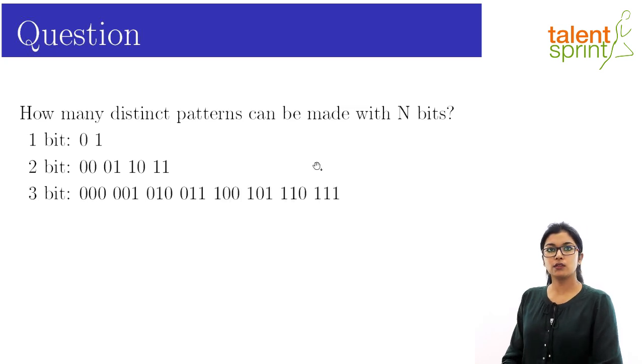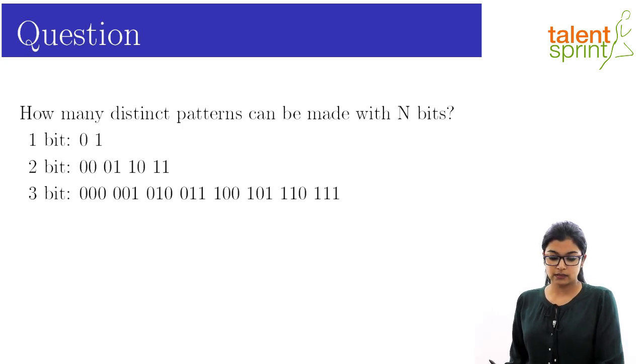With 3 bits, you can make 8 distinct patterns: 000, 001, 010, 011, 100, 101, 110 and 111. So these are the different patterns that you can make using 3 bits.